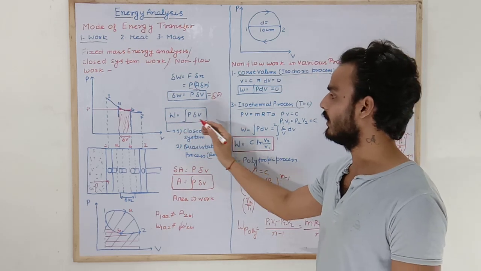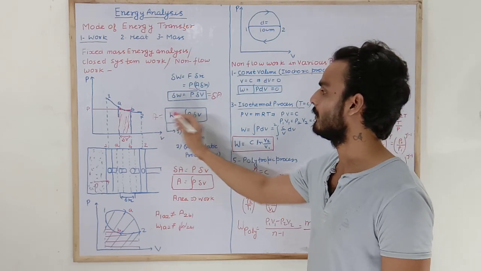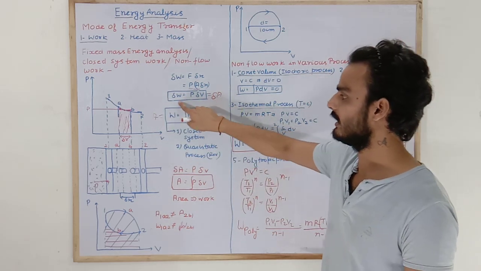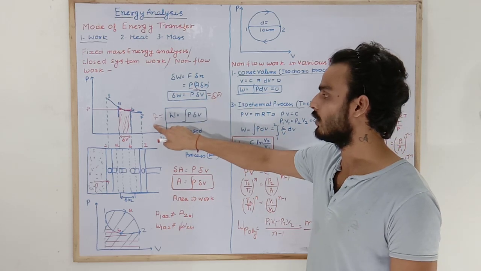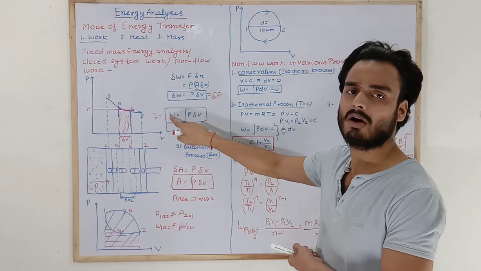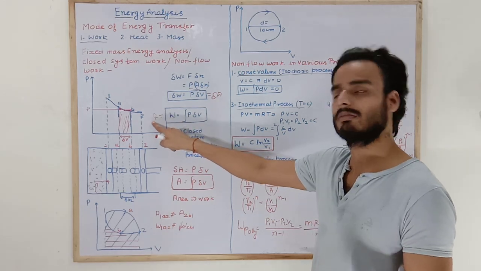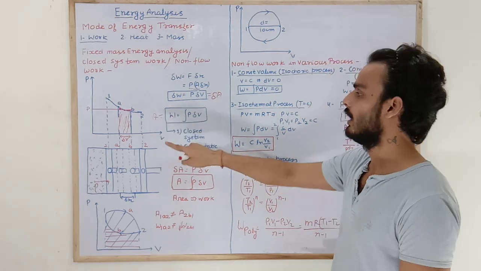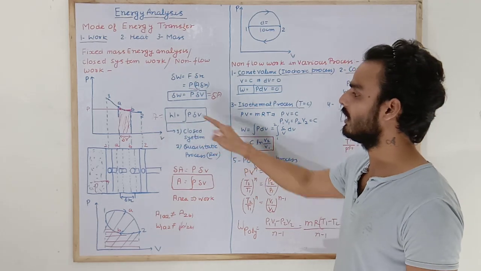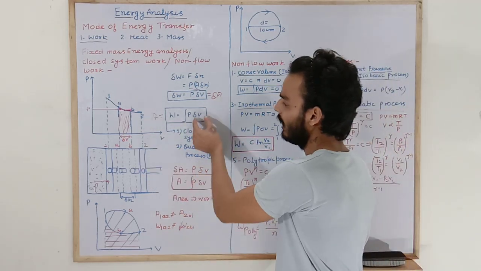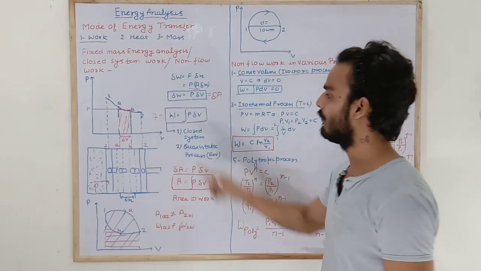Because this area indicates the work, if I calculate the total area, I am calculating the total amount of work from 1 to 2. So if you are calculating area, no problem, indirectly you are calculating the work. So area is equal to the integral of P dV. This is the small amount of area and I am integrating from 1 to 2.